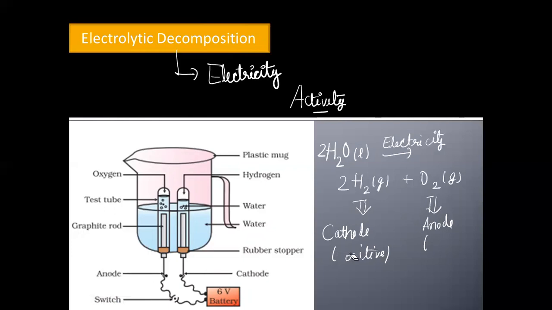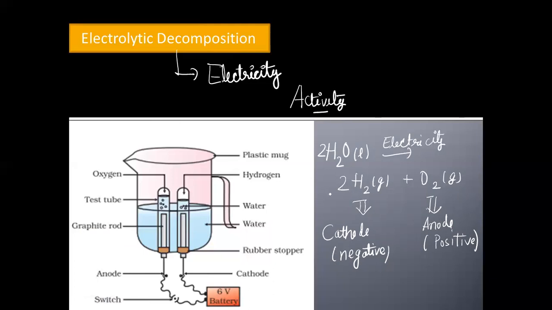This is cathode, this is negatively charged. Wait a second, this is negatively charged. I'm really sorry. This is negatively charged electrode, while the anode is positively charged electrode. Oxygen moves to positively charged electrode, while hydrogen is moving to cathode, that is negatively charged electrode.